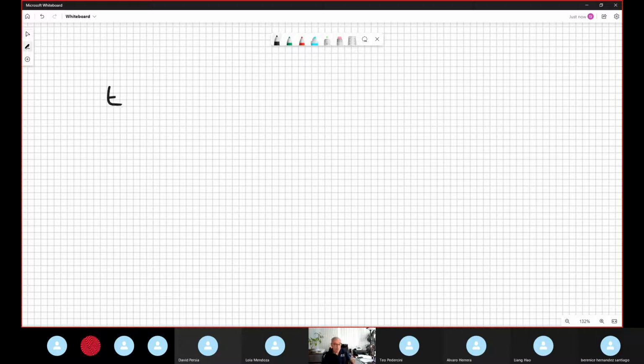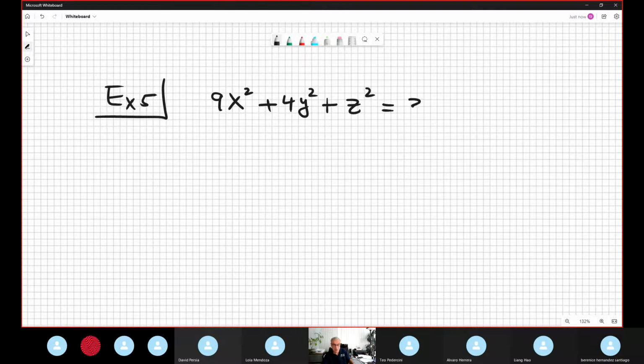Example 5. You help me, guys. Suppose this: 9x squared plus 4y squared plus z squared equals 36. What is that? What kind of surface is it? You put it directly here in GeoGebra. What kind of surface do you see?